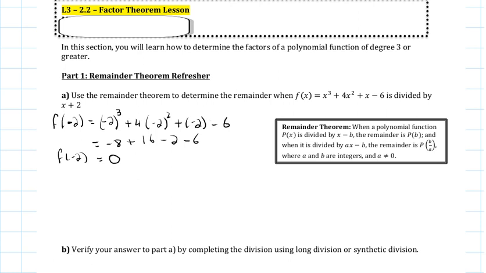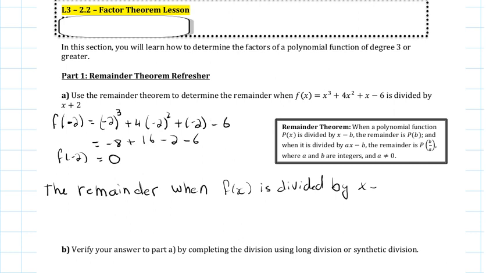Now let's see if that's true. Let's see what happens if I use long division. Let me just write the sentence. In this case, I use the remainder theorem. The remainder when f of x is divided by x plus 2 is 0.